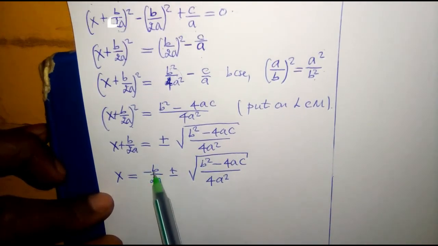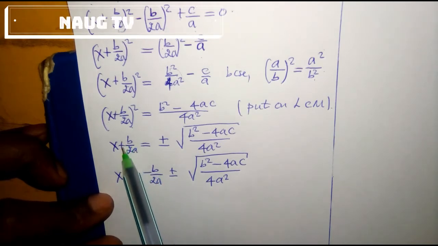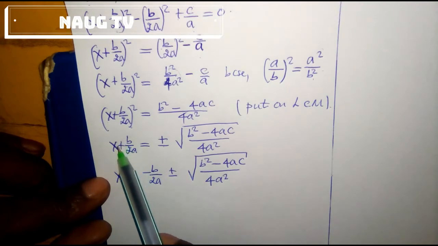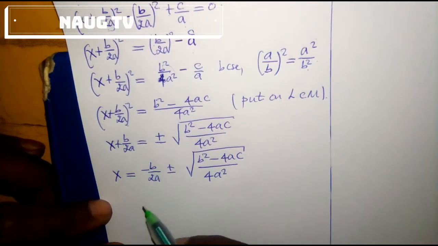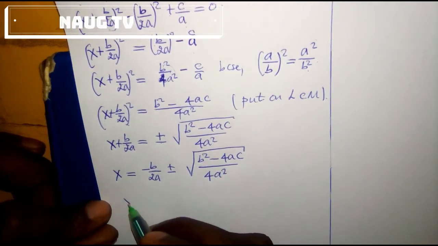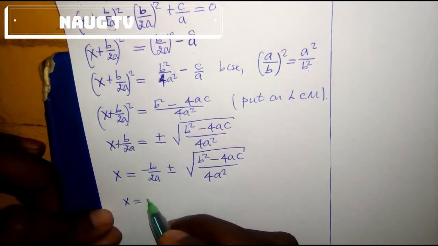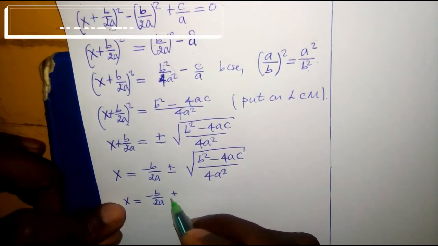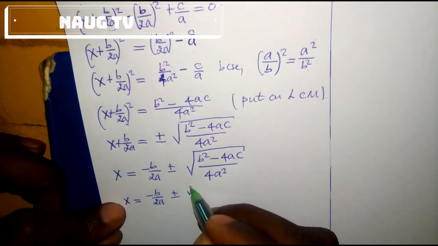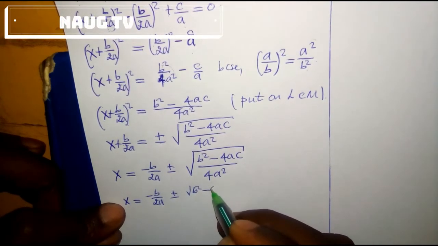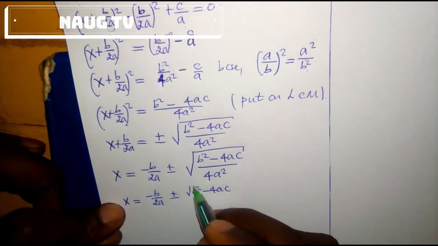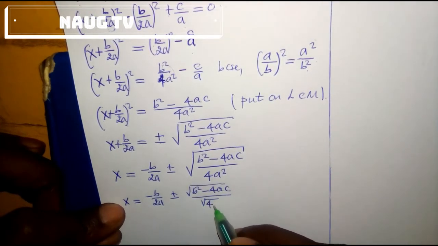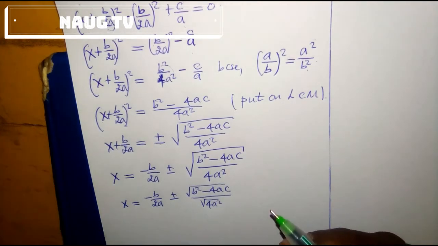This has negative sign because when it is taken to the left side, to the right side, the sign will change. Now, so the x here would be negative b over 2a plus or negative square root of b squared negative 4ac over also square root of 4a squared.